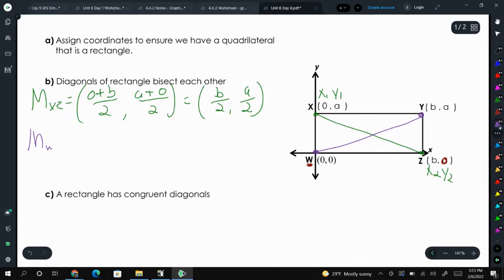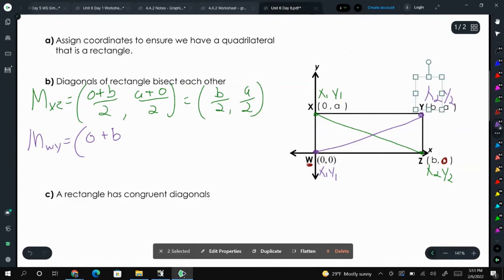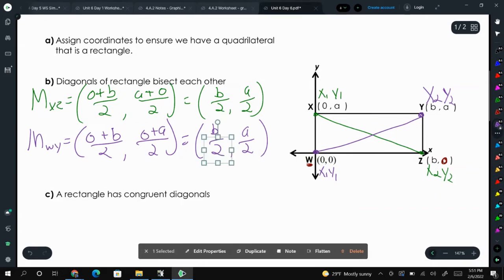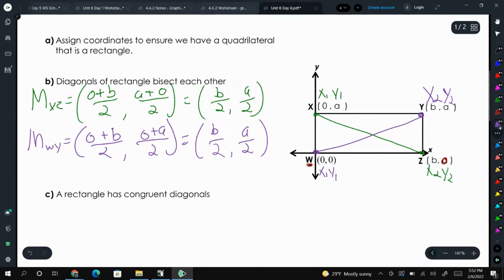So 0 plus b over 2 comma 0 plus a over 2, and that's going to be b over 2 comma a over 2, and they're exactly the same. The two diagonals have the same midpoint, so they bisect each other.